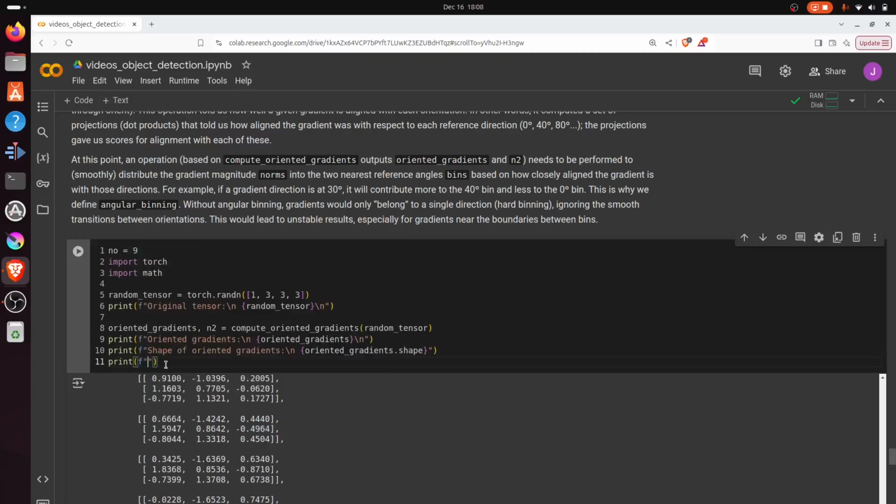More specifically, it was the maximum values of the squared magnitudes of our gradients, but I'll just call it the squared magnitudes for simplicity. So squared magnitudes, or gradient magnitudes, and essentially that was N2.